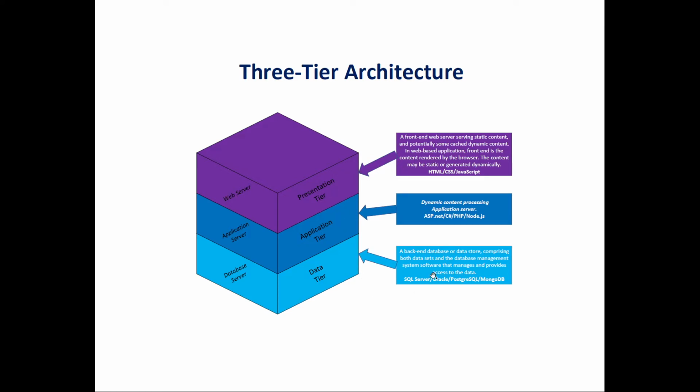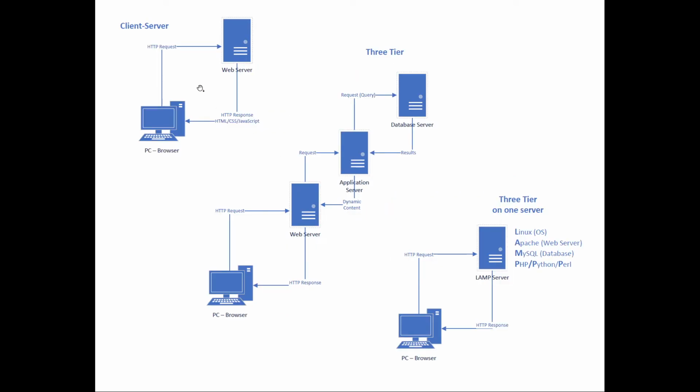So let's look at this in terms of models. Here's a client-server model. We've been writing web pages like this all year long. You have your PC or your browser running on your PC. Technically, the browser is the client. And you click on something or type in a web address, and that sends an HTTP request to the web server.